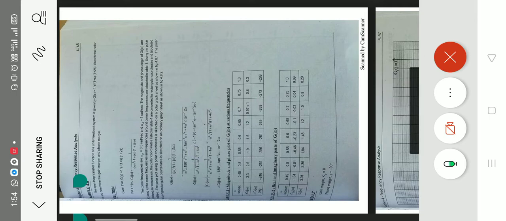Here y is omega and x is 1, so y by x means omega by 1. Sorry, tan inverse omega minus tan inverse of y by x. Here for 1 plus j2 omega, it is 2 omega by 1, so tan inverse of 2 omega. This is the phase. We can calculate the phase and magnitude here.